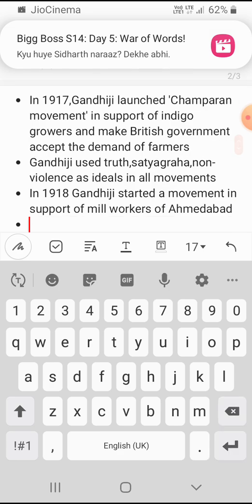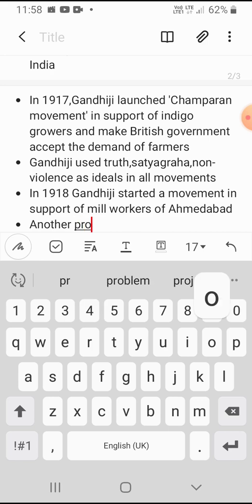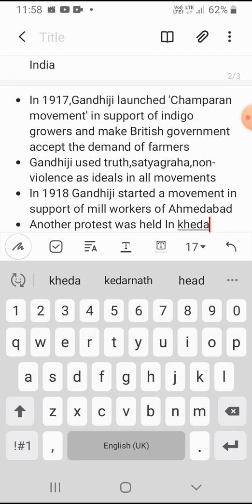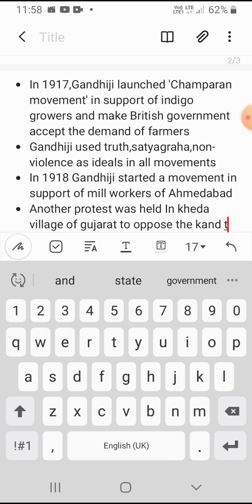In the same year, another protest was held in Kheda village of Gujarat to oppose the land tax, and that was successful.